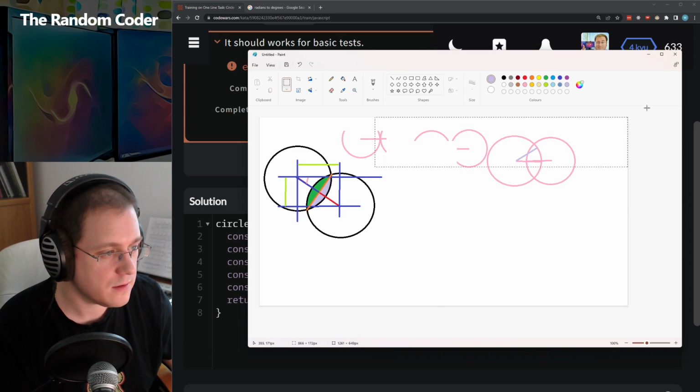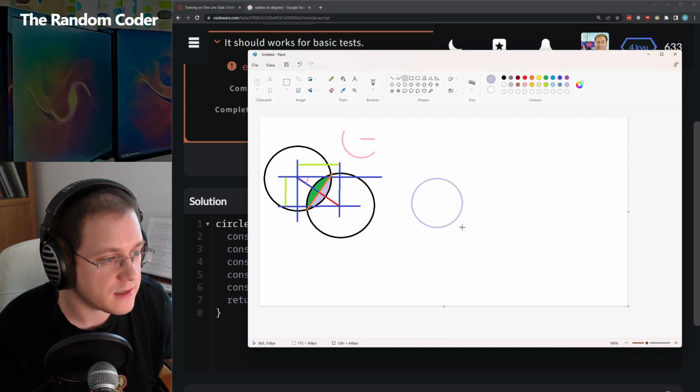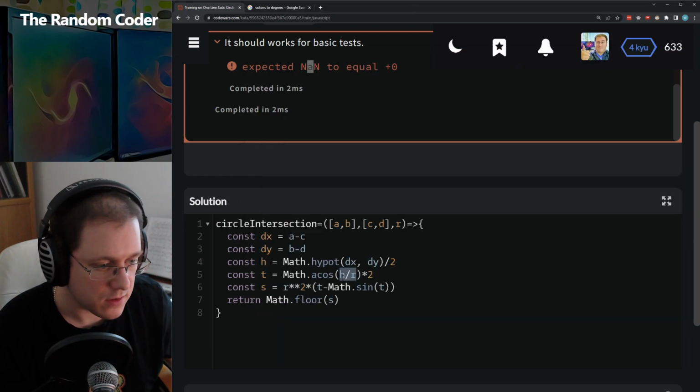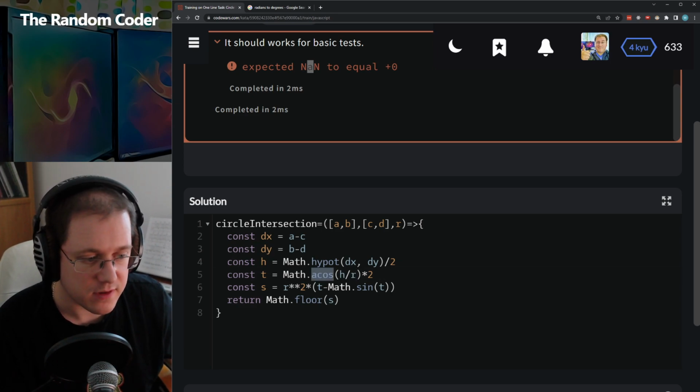If we had some circles that were not intersecting like this, we'd have a hypotenuse here which is very large in comparison to the radius. But we're assuming here that the hypotenuse is less than r. So if this was like 10 and this was 5, then we'd end up with a value of 2, which is not actually valid for the arc cosine.